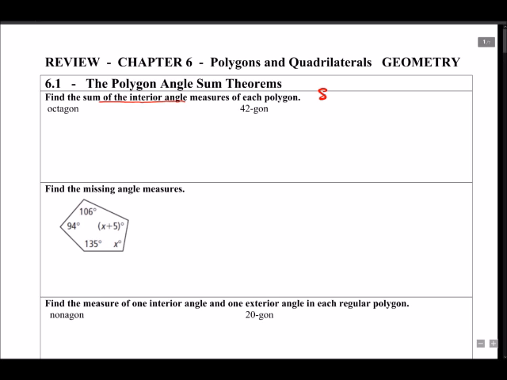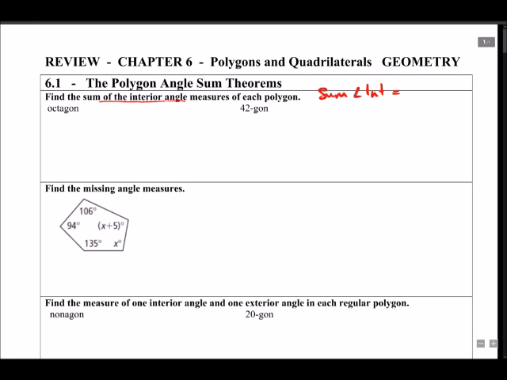So we know that the sum of the interior angles, and this is for any polygon, is the quantity of the number of sides minus 2 times 180. So let's start with our first one here. Octagon tells us that n equals 8.